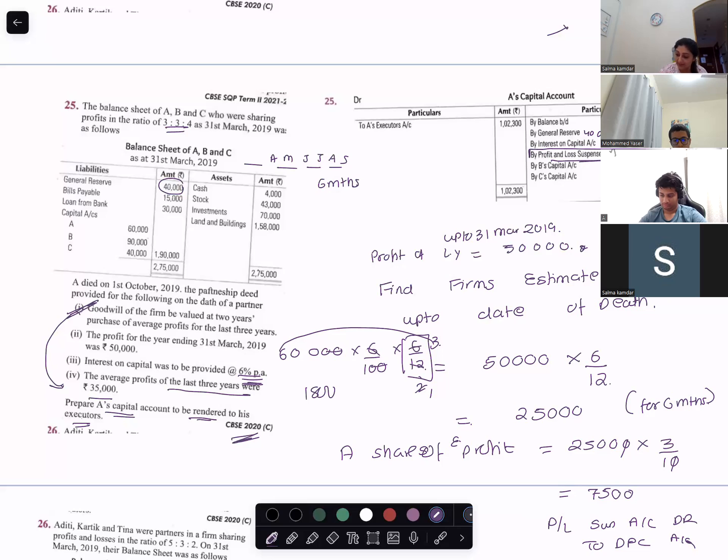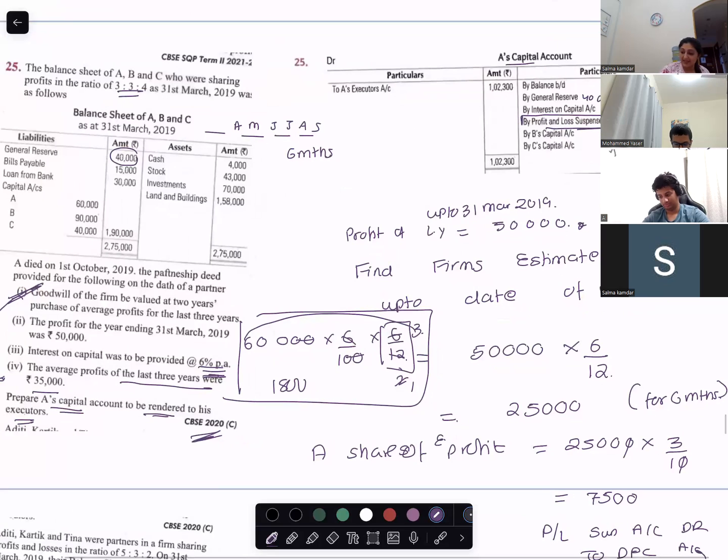Interest on capital, normally kids calculate it for the entire year. You have to be careful and calculate from the date of balance sheet till the date of death. I'm repeating again, from the date of balance sheet till the date of death. And then you prepare A's capital account.